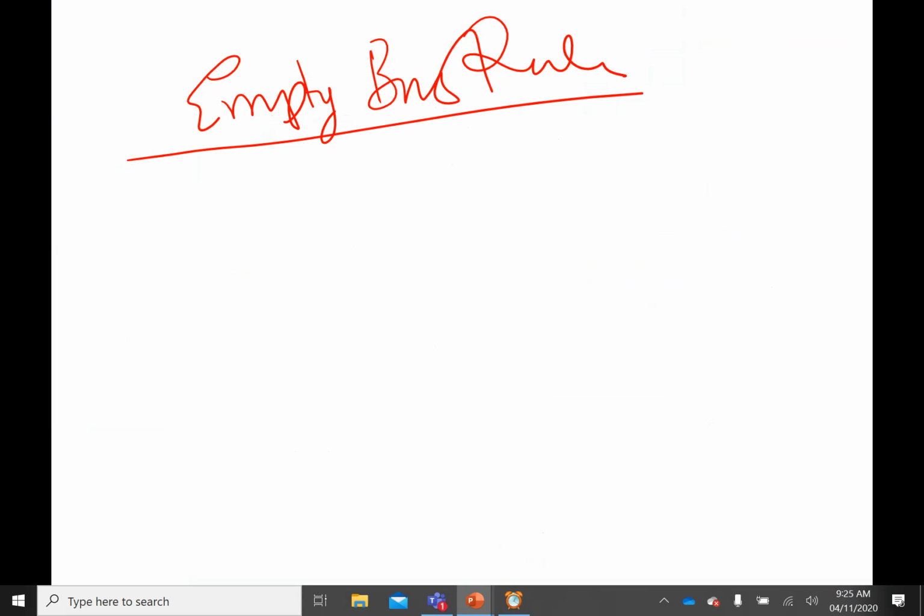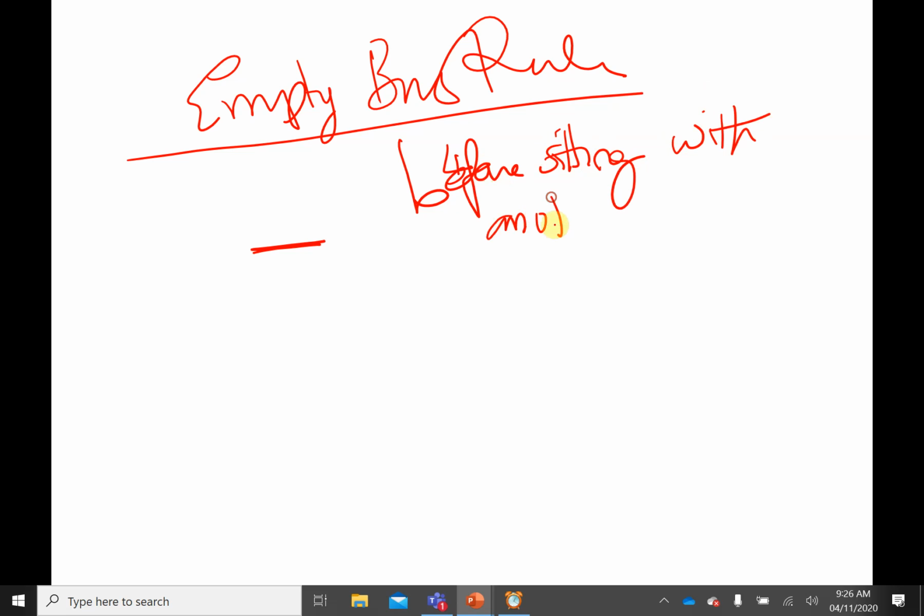So the empty bus rule states that a student must sit in an empty seat alone before sitting with another student. This is exactly the Hund's rule.